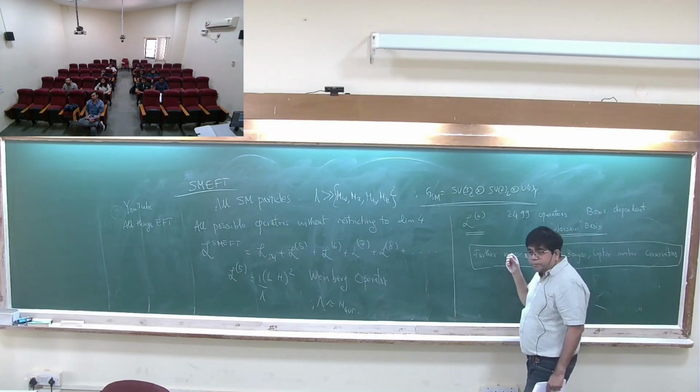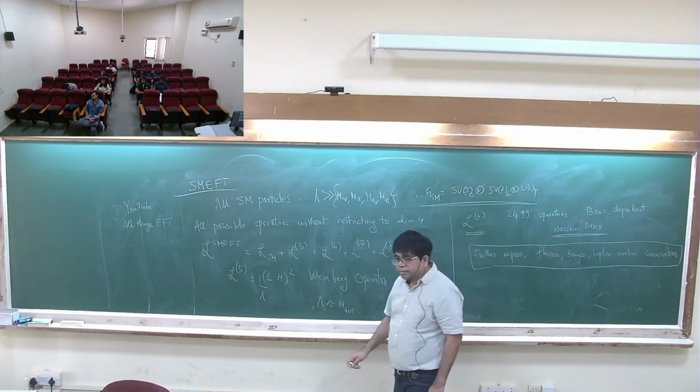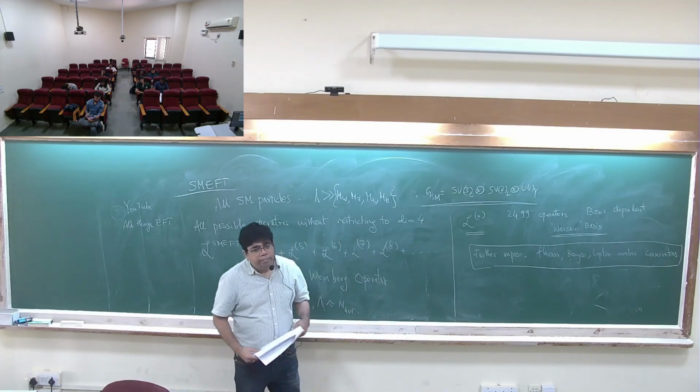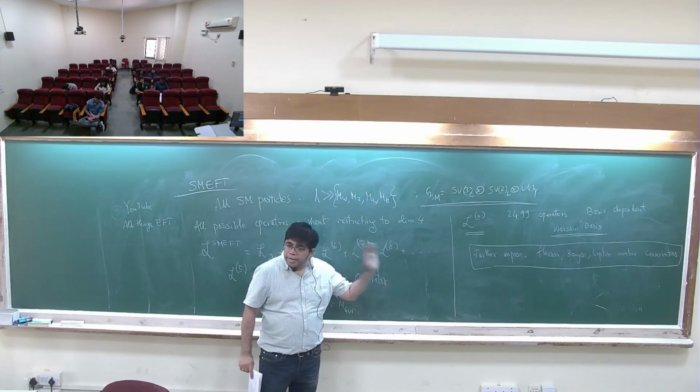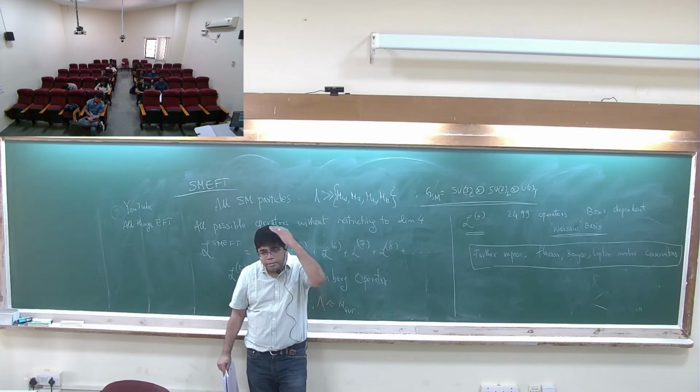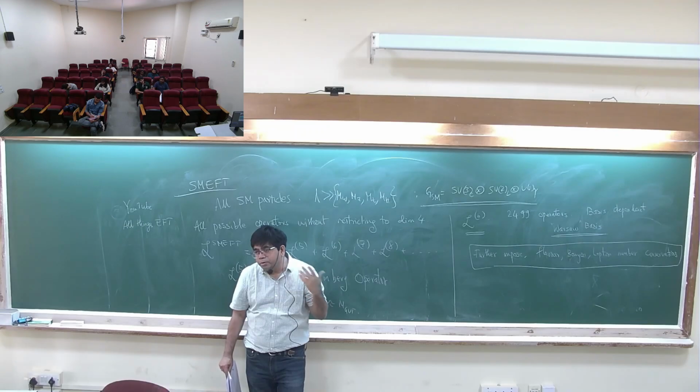If you impose flavor conservation, and baryon number and lepton number conservation, the number of operators falls down drastically. The relevant operators would be around 20 to 30, essentially 22 to 23. And depending upon the set you are interested in, or the phenomenology you are interested in, you only consider them.